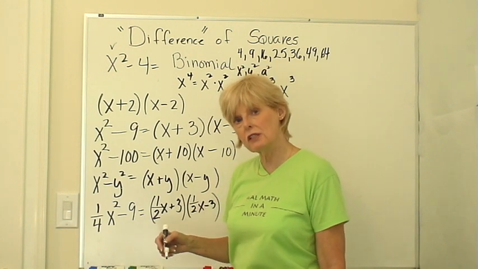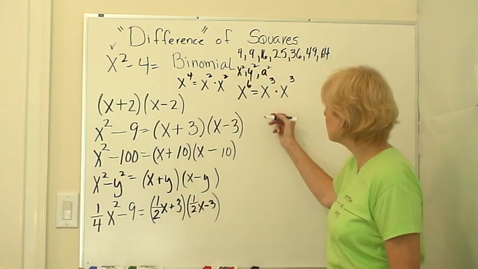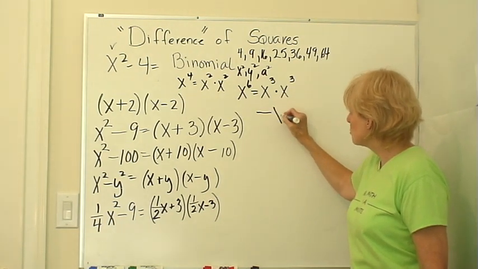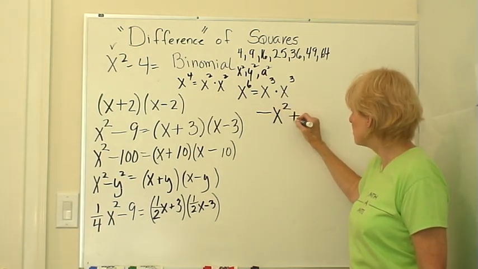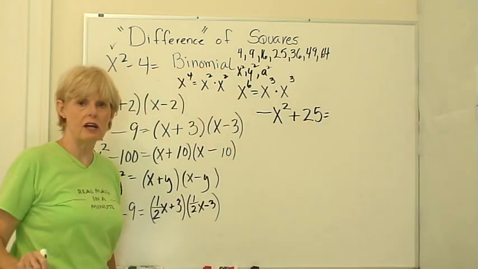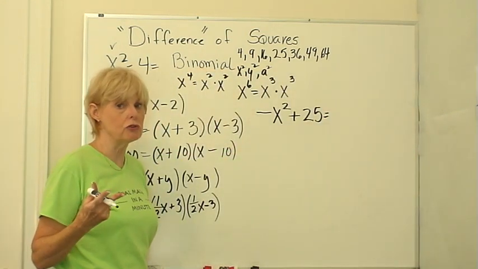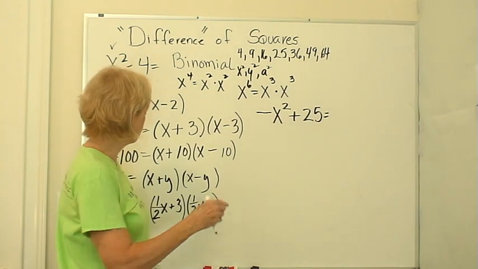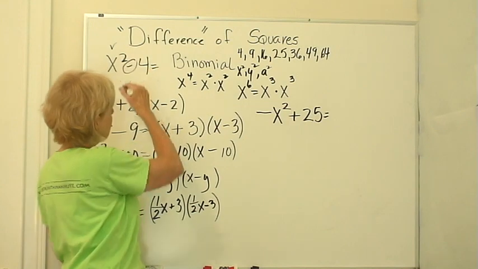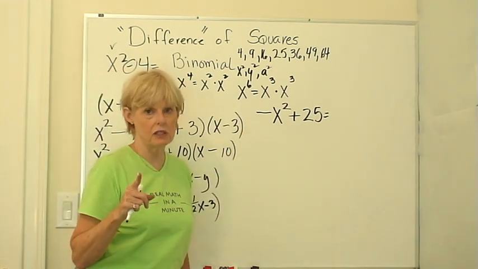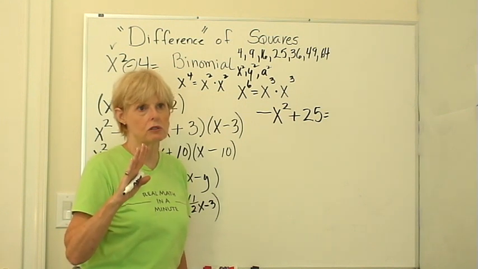Okay, watch something like this up here. Suppose you might have sometime negative x squared plus 25. And you look at that one and you're like, well, it is 2 terms. They are both squared, but I'm so used to seeing this negative in the middle that if it's not there, it's bothering me a lot and I'm not really sure.